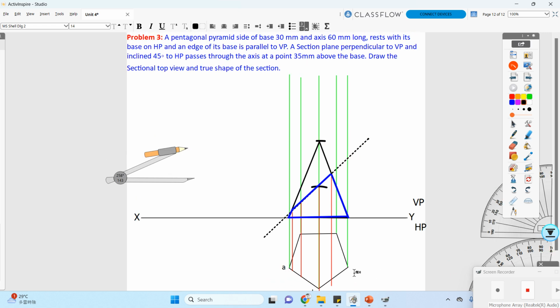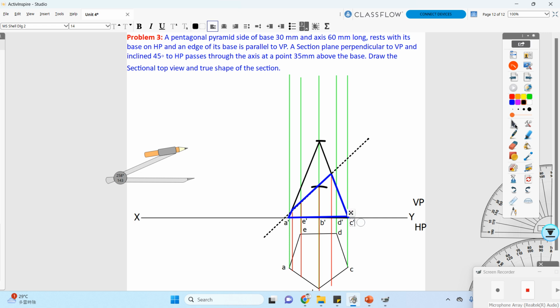Then this is my point C. Then this is my point D and this is my point E. Okay, then followed by marking A dash over here, then B dash on this point, then E dash on this point, and the last is D dash and C dash, D dash over here and C dash over here.